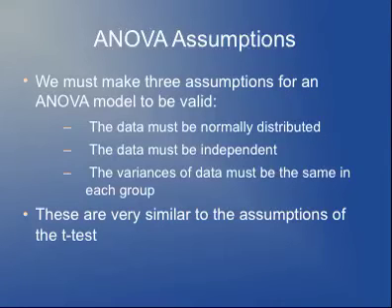A review of the assumptions for ANOVA: it's essentially the same as the assumptions for linear regression, only since all the data is categorical, it becomes a bit easier. Basically, the data has to be normally distributed, the data points have to be independent of one another, and the variances have to be the same in each group.